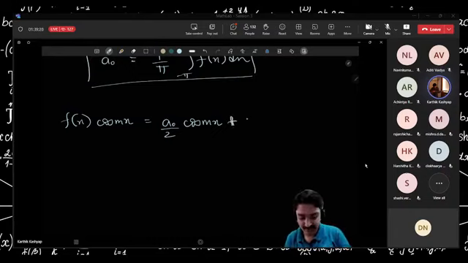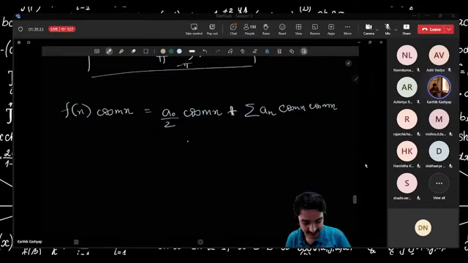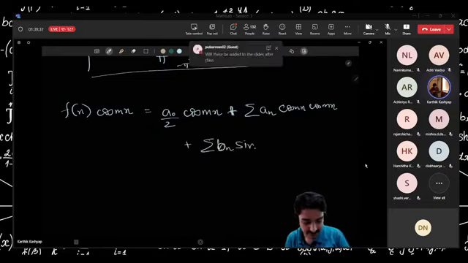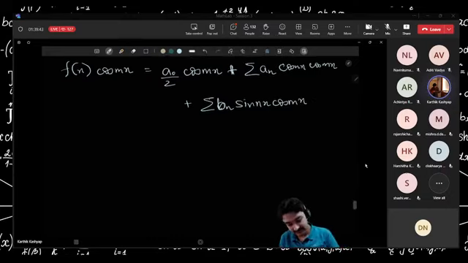So we can just send it inside the summation everywhere. So summation an cos nx cos mx, and n is the only thing that is varying inside the summation, because for this equation we have taken m as a constant. And again, summation bn sin nx cos mx. So again, let's integrate this from minus pi to pi.